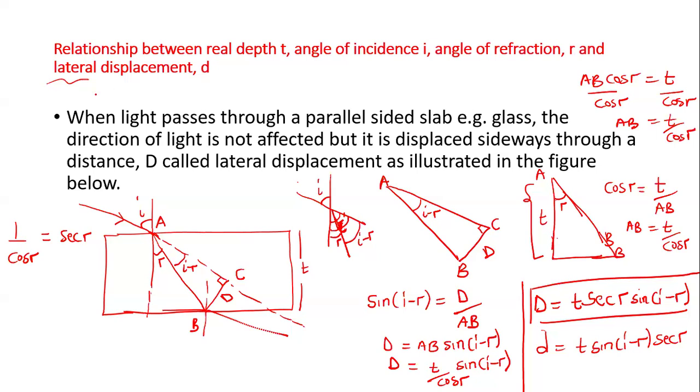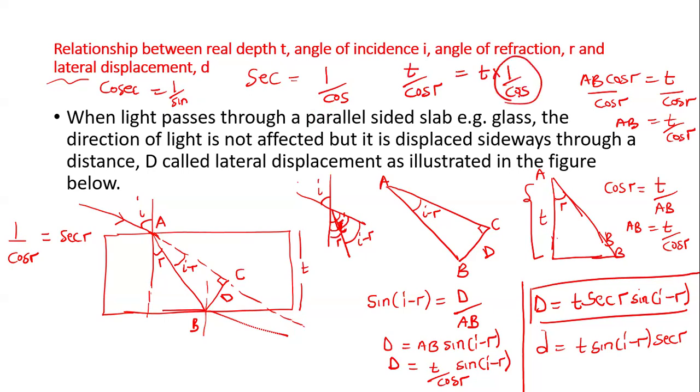Sec means 1 out of cos. That is the meaning of sec, 1 out of cos. When you have cosec, cosec is 1 out of sine. So since here we have 1 out of cos because you have t out of cos, this is the same as t times 1 out of cos.